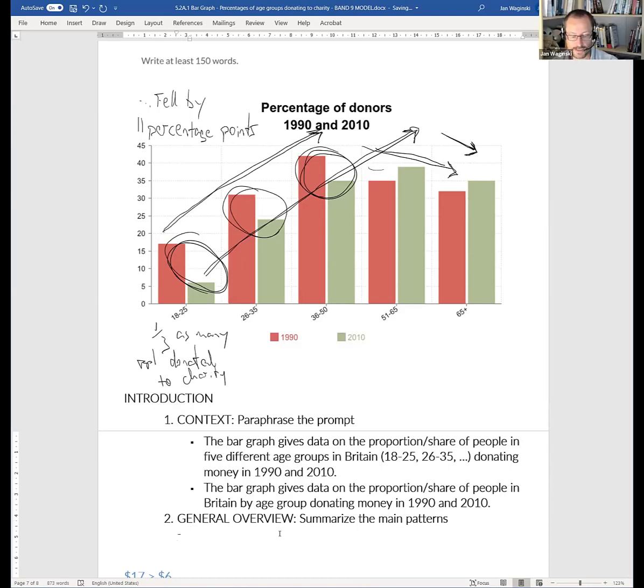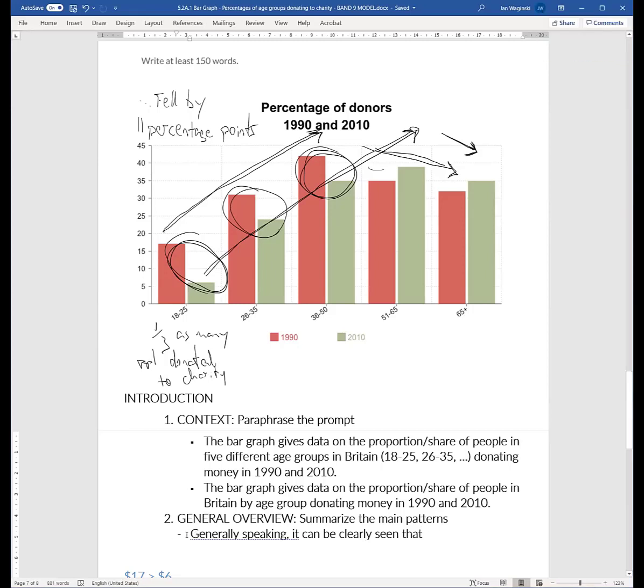So what's that phrase that you've all memorized? Generally speaking, it can be clearly seen that. That's it. Excellent. And Ahmed, just memorize that phrase and always use it for the general overview. This, generally speaking, signals that you're giving a general overview.